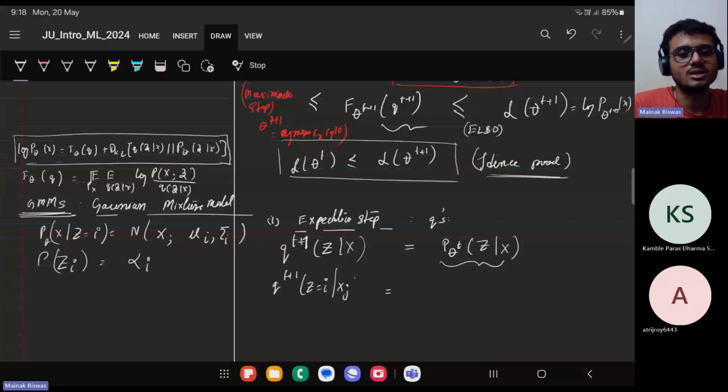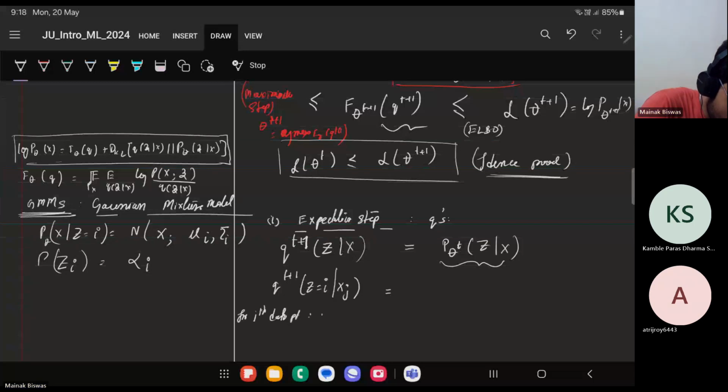For the jth data point, the probability that it belongs to cluster i, right?